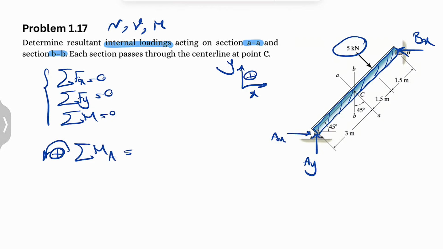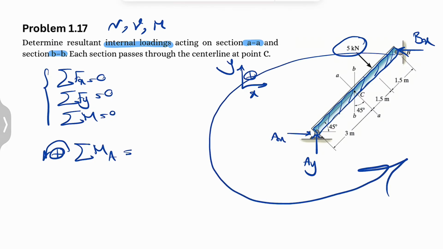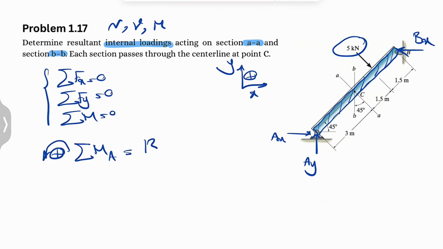So let's figure it out. The moment of Bx about A is going to be in this direction, so it's counterclockwise positive. It's the Bx force times the vertical distance to the line of action. This is the distance we're looking for.